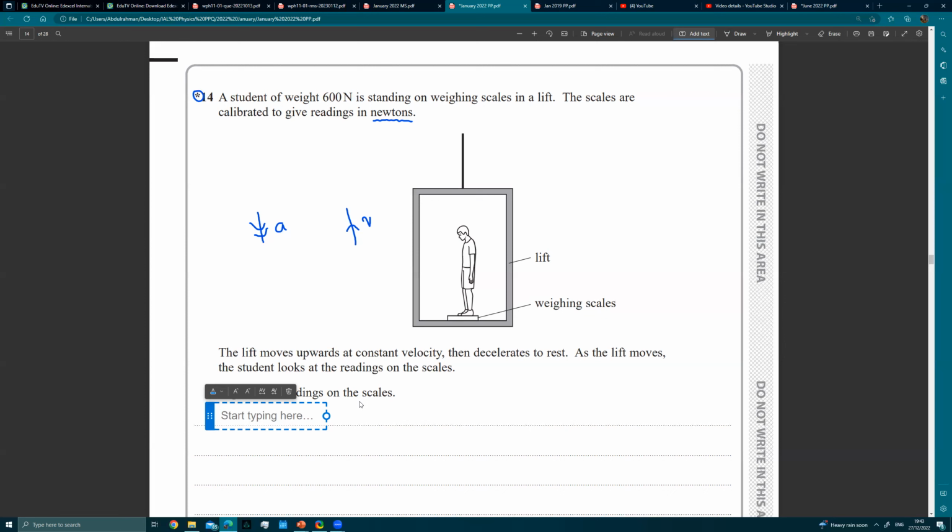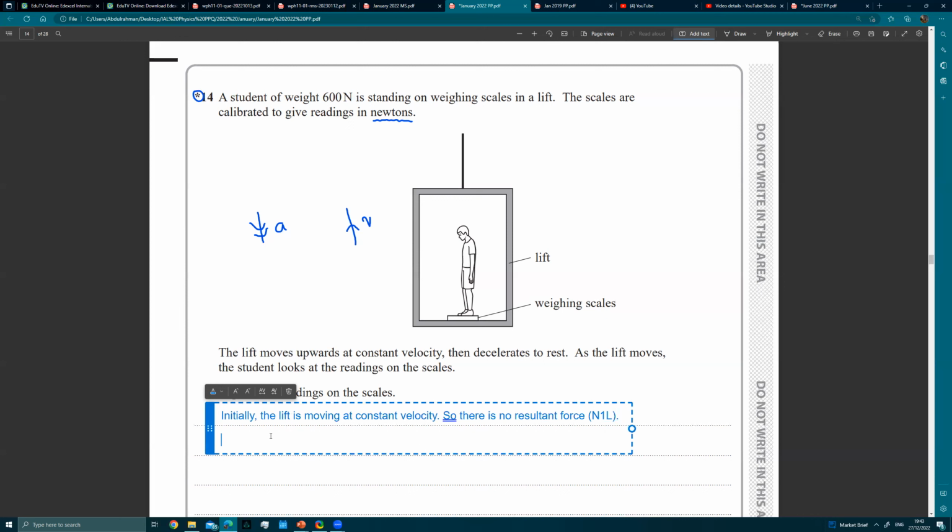So I would have started just like you started and talked about the constant velocity. Initially, the lift is moving at constant velocity, so there is no resultant force. It doesn't really say explain in terms of Newton's laws, so that reference wasn't needed.